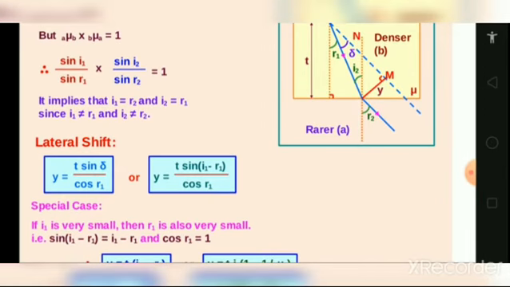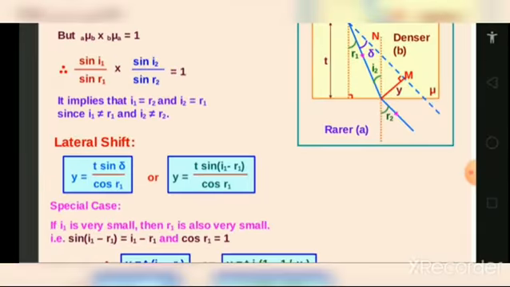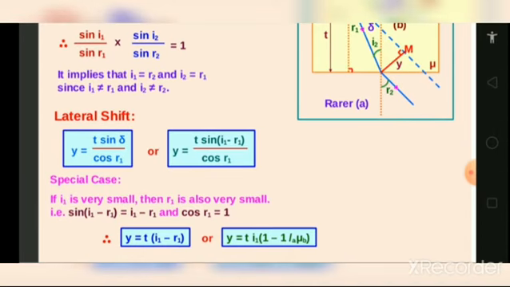Now think of an example. Suppose the shift is such that you get the equation y is equal to t theta 1 upon 1 upon n2 minus n1. Then also the result can vary.